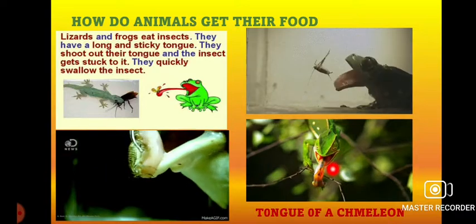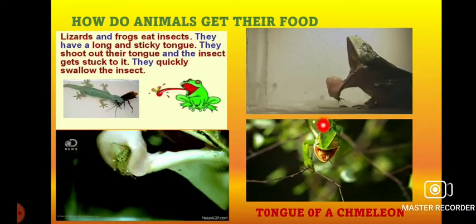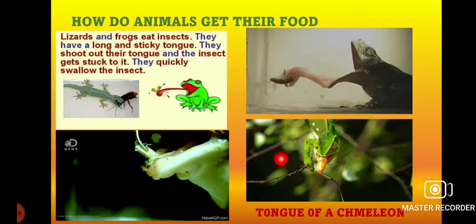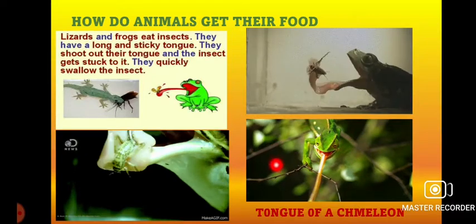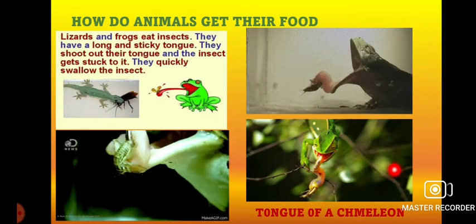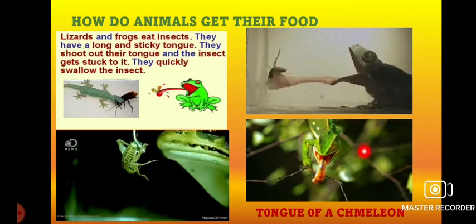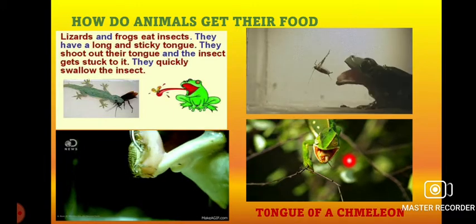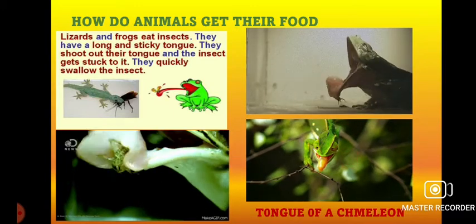Their tongue is sticky, and they are also taking the insect in this manner only. In the same manner they are swallowing the insect. So here you can see both of them are using the tongue in a very peculiar manner.